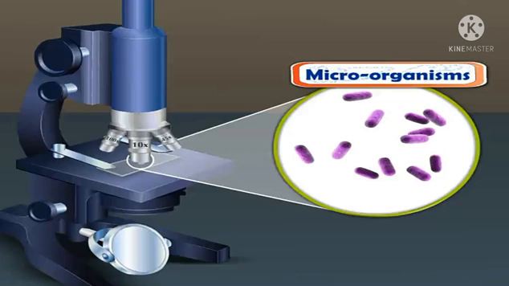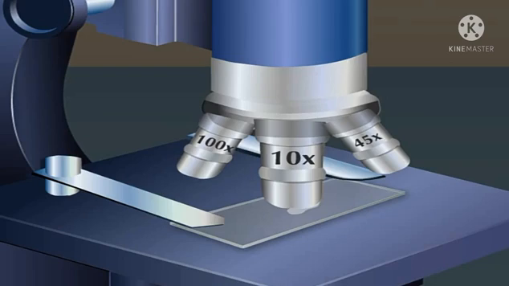Do you know, students, if we take a bit of yogurt or a drop of buttermilk on a glass slide and place the slide under a microscope, we see very tiny living things in it.